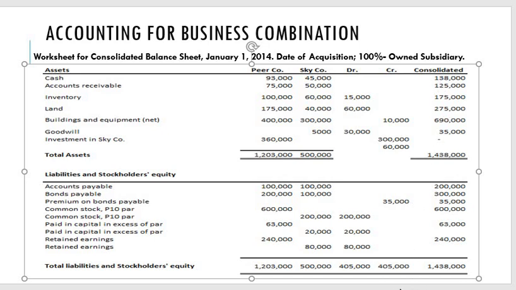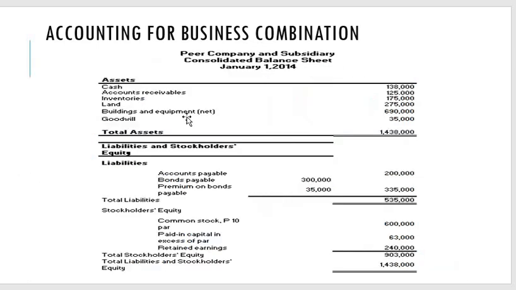Okay, so this is actually the consolidated column. That's total assets of 1,438,000 and then total liabilities and equity of 1,438,000. So from your worksheet, you can now prepare your balance sheet at the date of acquisition.